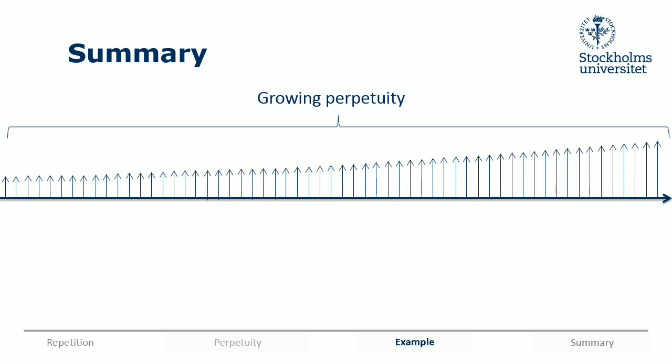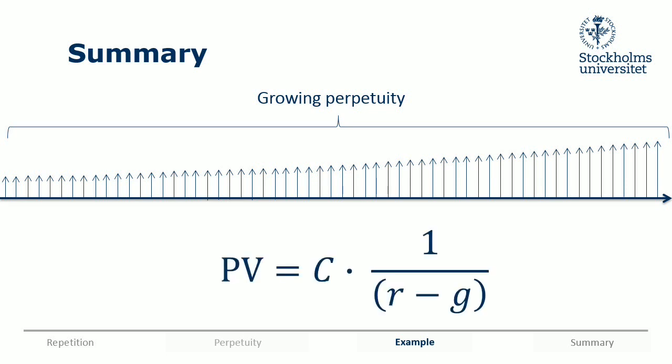And an infinite cash flow stream with a constant growth between any two consecutive cash flows is called a growing perpetuity. And you have the following formula to calculate the present value of such a growing perpetuity. You take the first cash flow, you multiply it with 1 divided by the interest rate minus the growth.